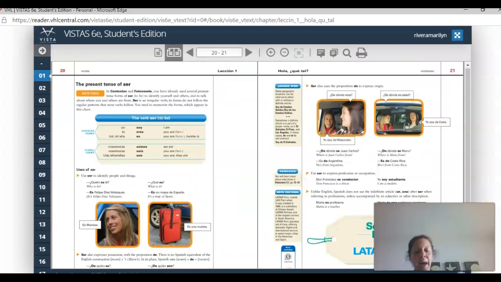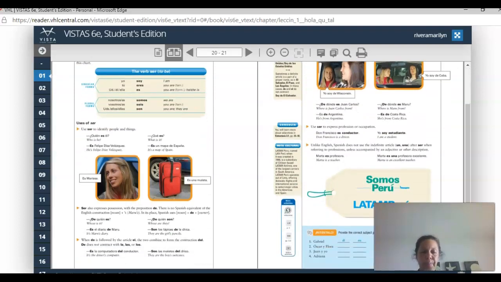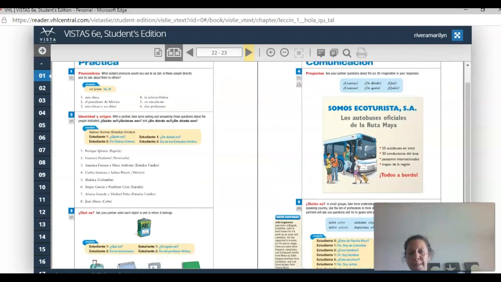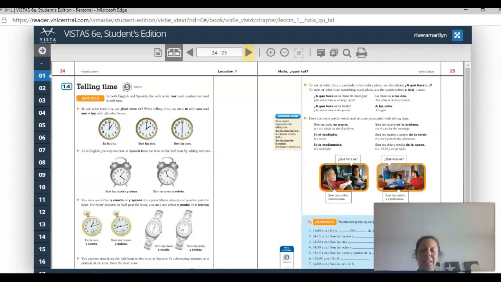Bien. So, I think that this is all for now. Let's move on to the last part, which is telling the time. Now, to express the time, we are going to use the verb ser, okay?